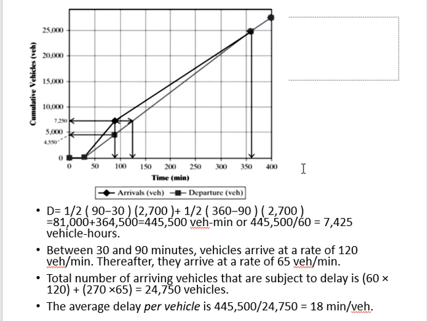Now how much is this portion? This is 360, this is 90. So 360 minus 90, and again the difference between the two lines, which is 2,700. How much is the answer? This is the answer. If you took area under this line and area under this line, and then you took the difference, you will get the same answer.